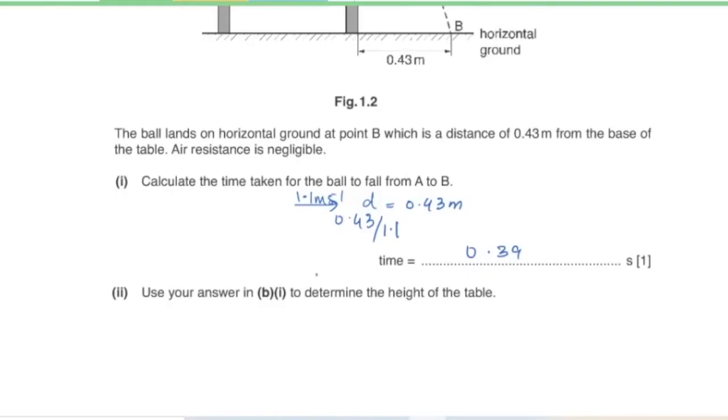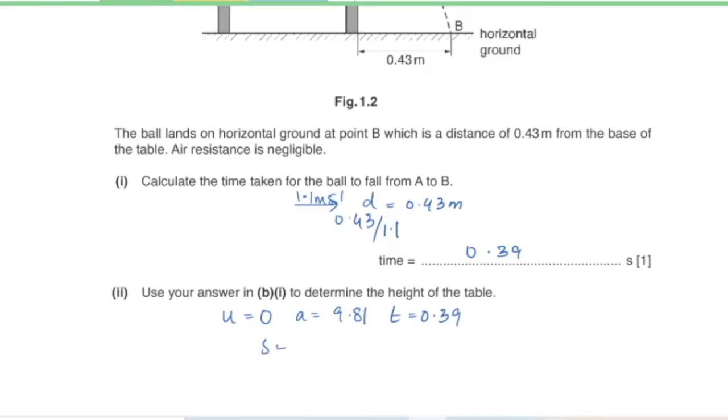So now the vertical distance this ball covers from A to B: its initial vertical velocity from the table is going to be 0. Air resistance is negligible, therefore its acceleration in the vertical motion is going to be 9.81 meters per second squared in magnitude. The time interval from A to B is taken from the previous part, which is 0.39 seconds.